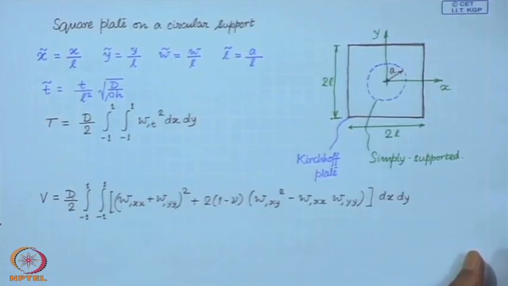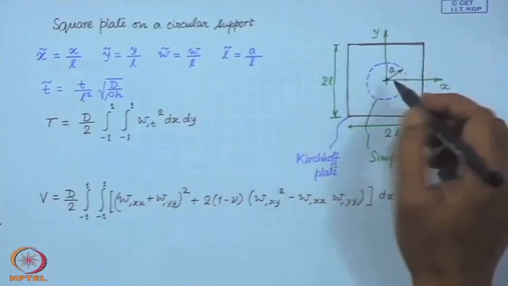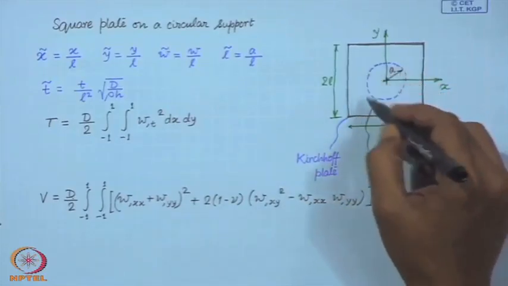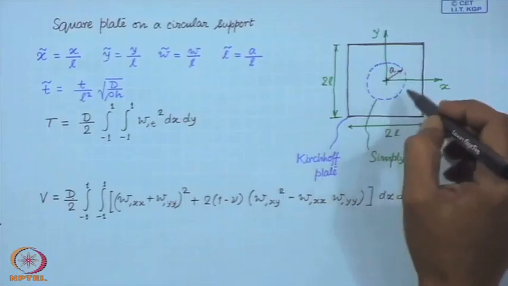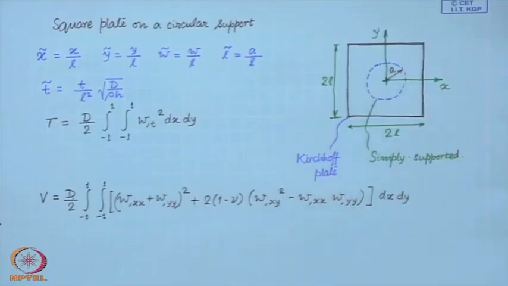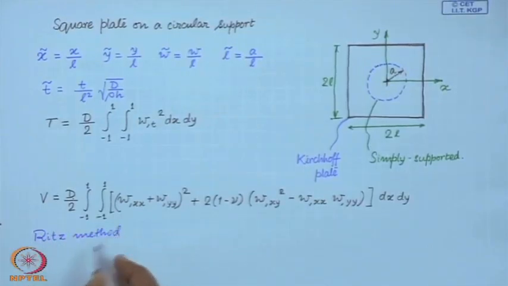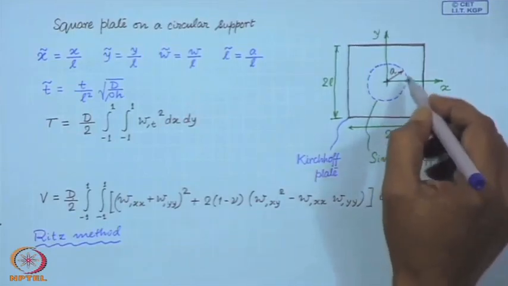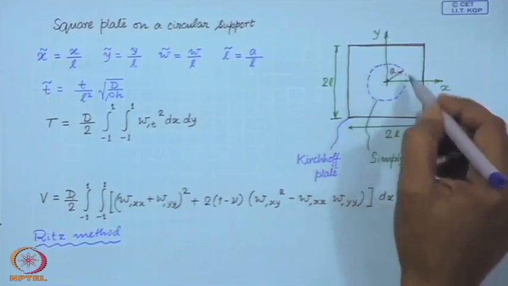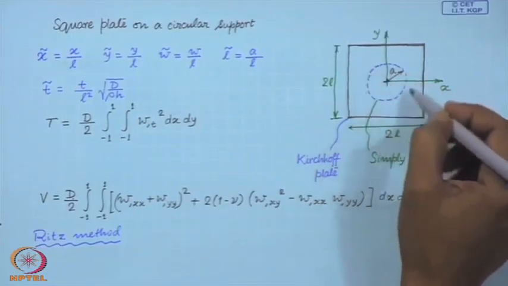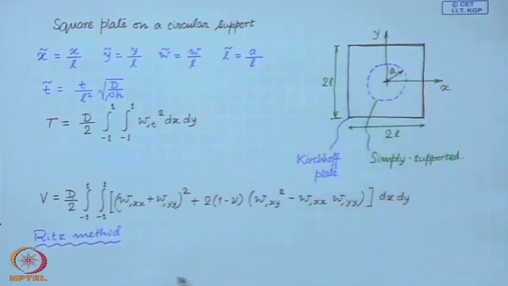Now, let us look at the support condition. We will be using the Ritz method. The advantage of this method is that you have to generate only admissible functions for the problem. Now, we know that when this is simply supported, the only condition at this boundary is that the displacement is 0.